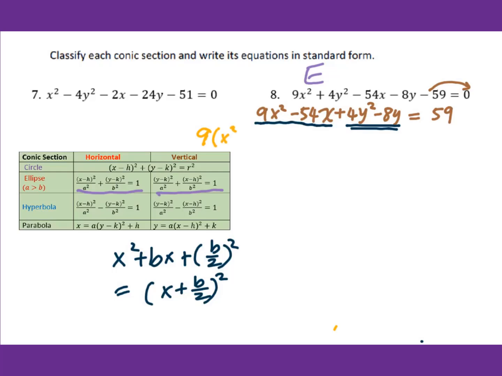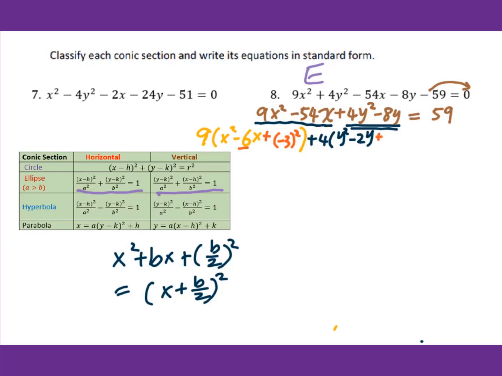So we got 9 times (x squared minus 54 divided by 9, that's 6x). Then you plus (b over 2) squared. b is negative 6, divided by 2, that will be negative 3. Then plus 4 times (y squared, negative 8 divided by 4, that's negative 2y).